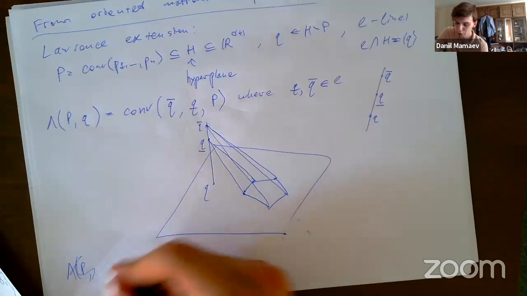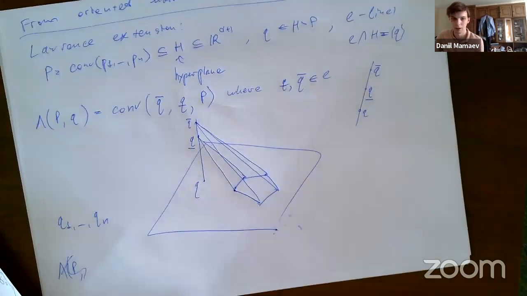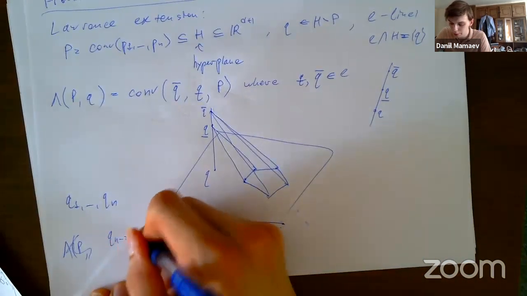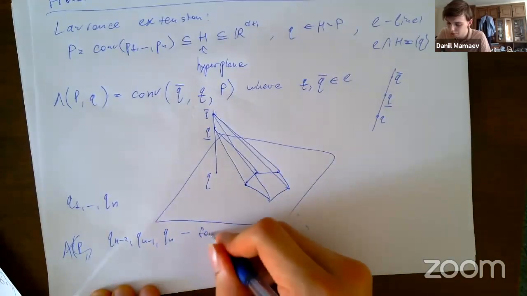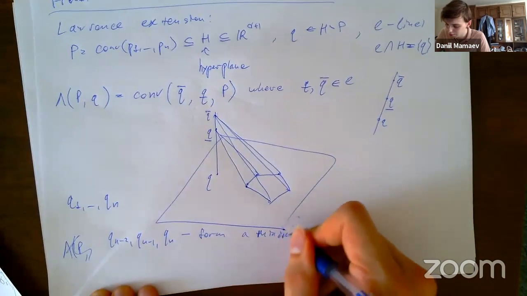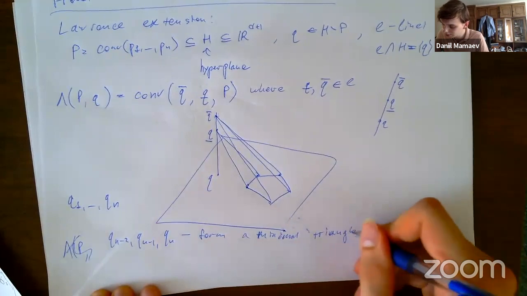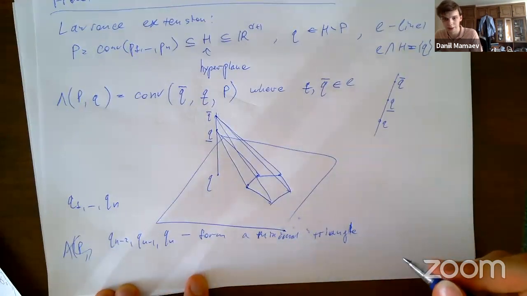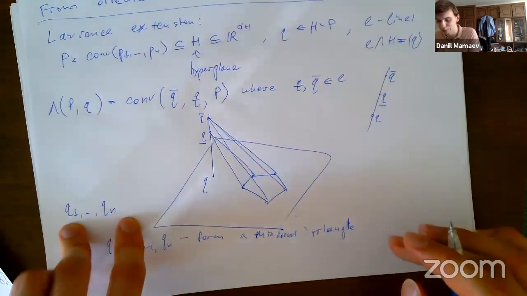Suppose you have a point configuration, which is Q1 through Qn. And let's say that Qn-2, Qn-1, Qn form a triangle, a minimal triangle, which means that they're not intersected by any other lines spanned by the points.